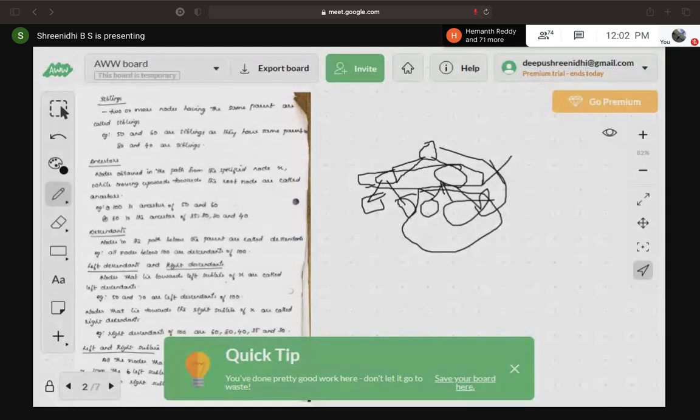Okay, descendants. What do you mean by descendants? Descendants are the nodes in the path below the parent. All nodes below 100 are descendants of 100, right? So consider this as a node.